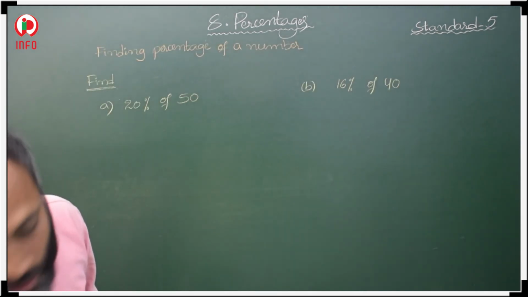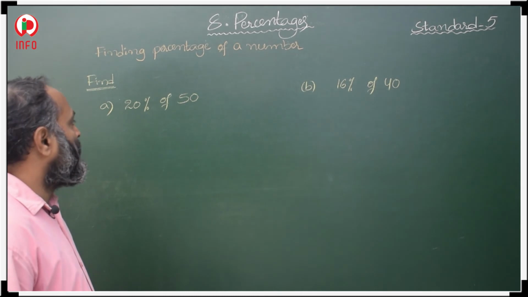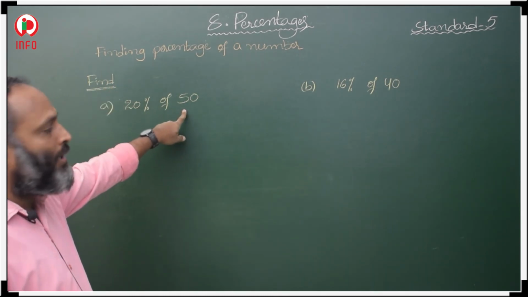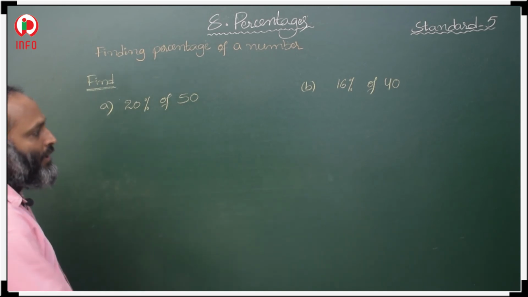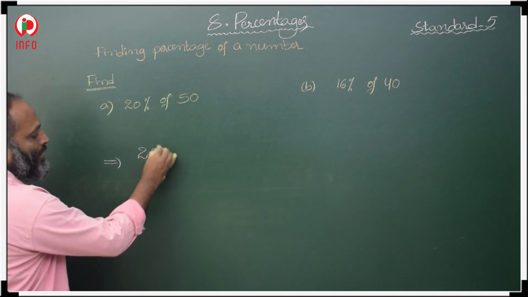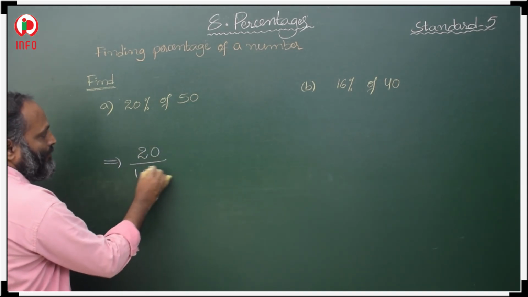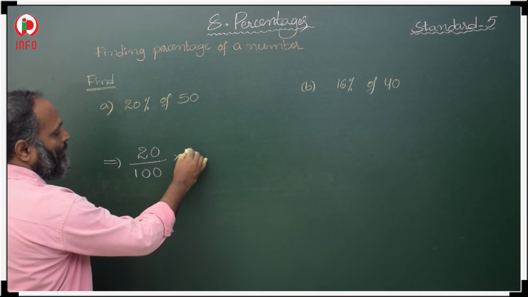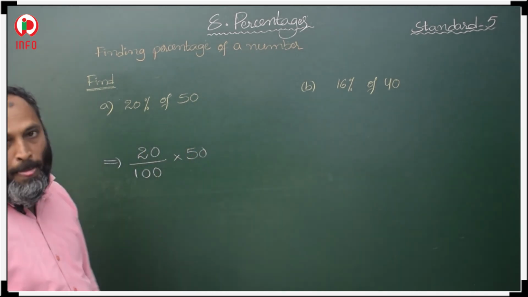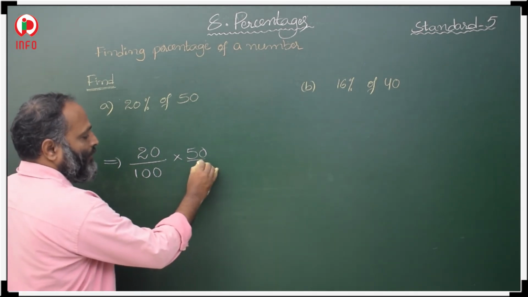Okay. 20% of 50. How to find it? The percentage of a number, finding the percent of a number. So first we take the given percent, divide it by 100, into the number. So given percent by total percent into given number. There is no denominator for 50, means by 1 we take.